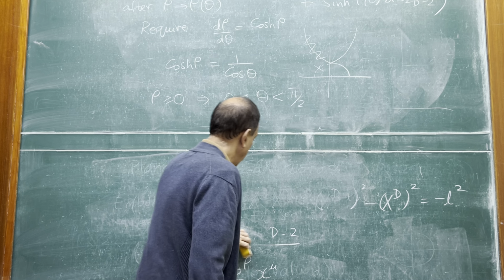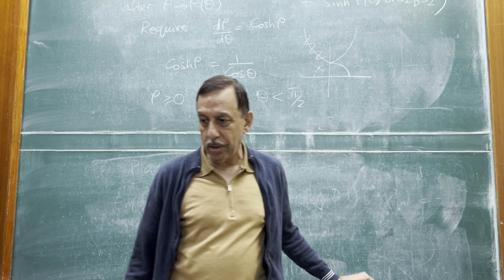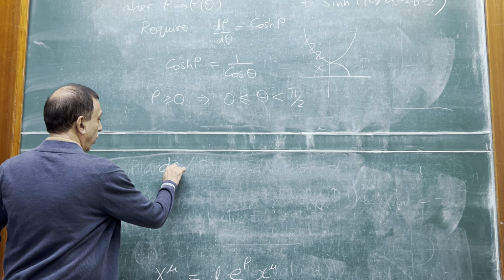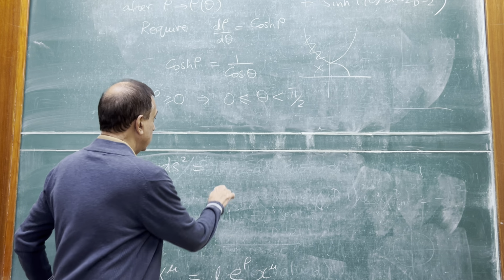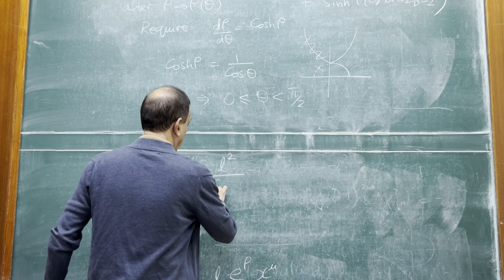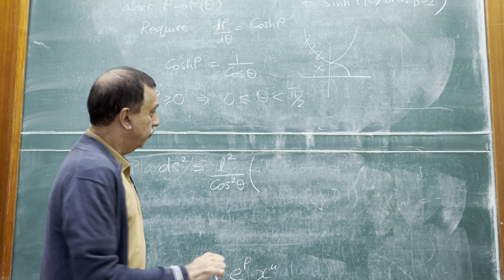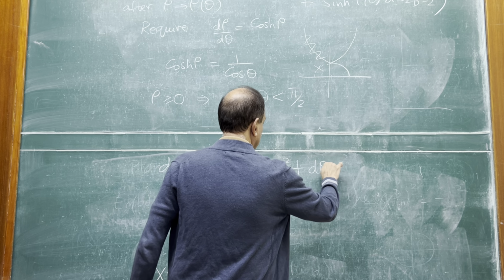So we have to first see how to factorize this out. You might worry what happens to the last factor, but actually it works out fine. So we get ds squared is equal to L squared upon cos squared theta, which comes out from the first two terms, times minus dt squared plus d theta squared.